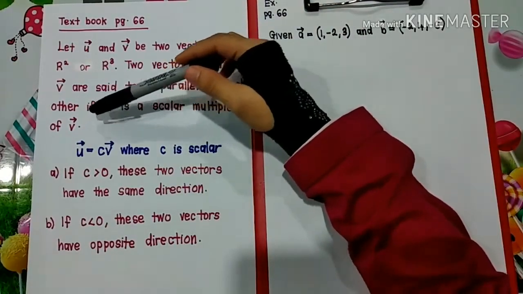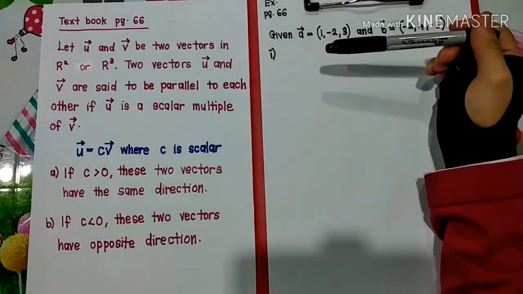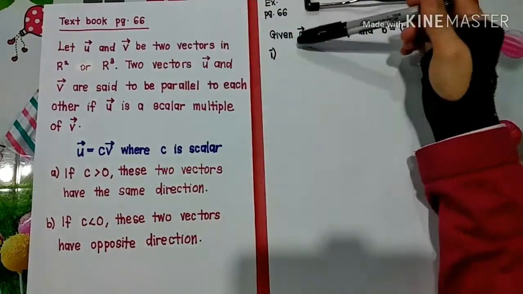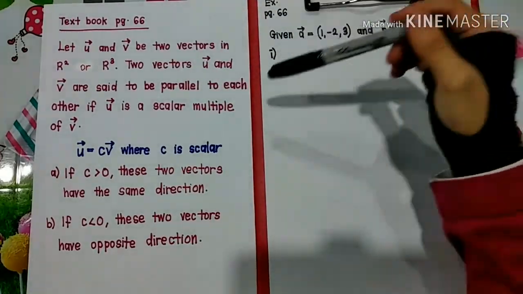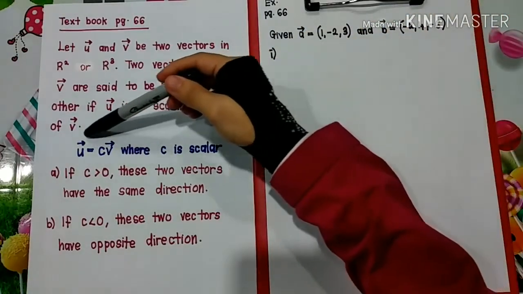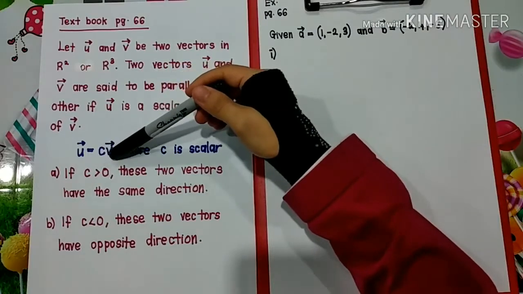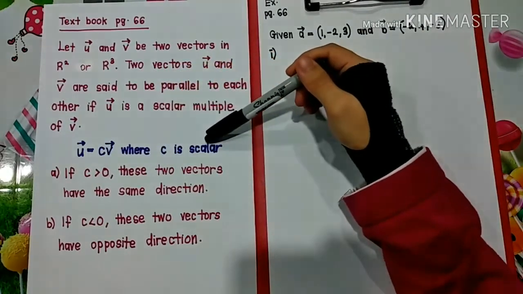So when you want to show whether 2 vectors are parallel or not, you need to show that the 2 vectors are scalar multiples of one another. You can write in this form: u equal to cv, where c is a scalar.